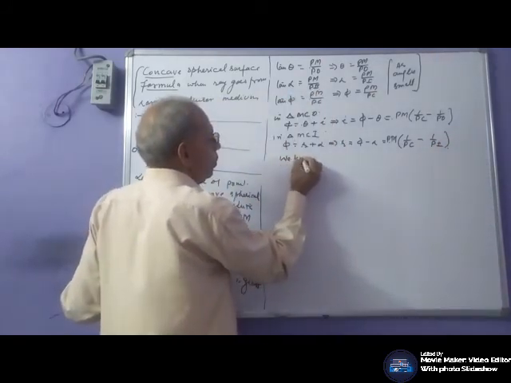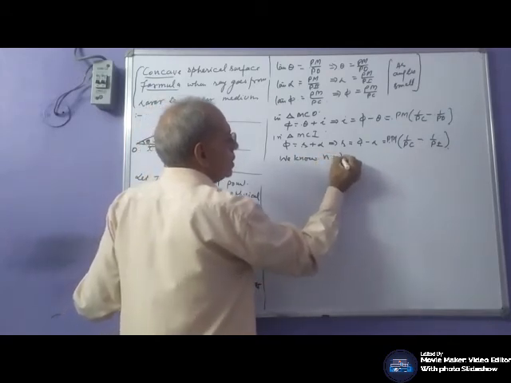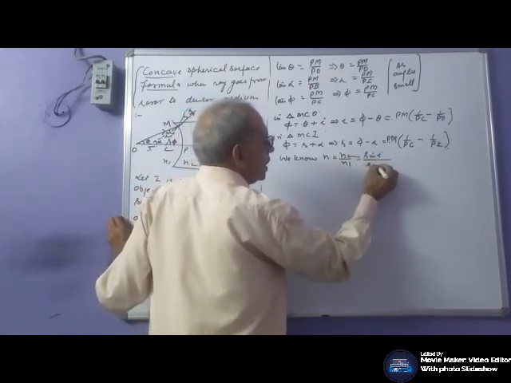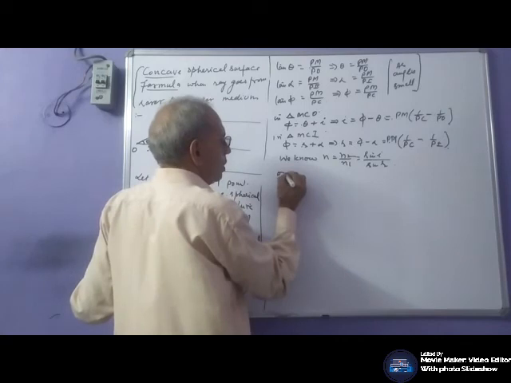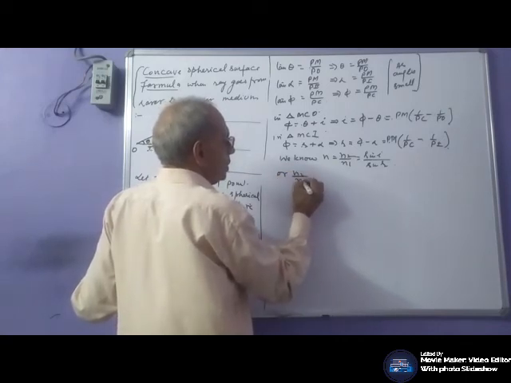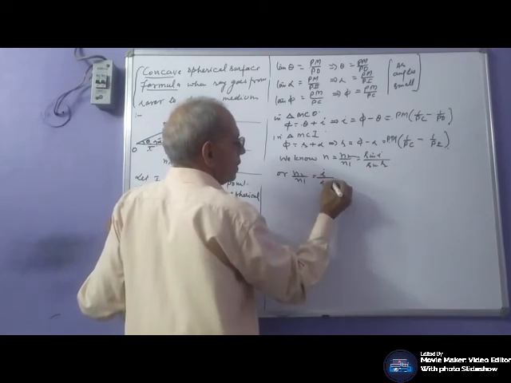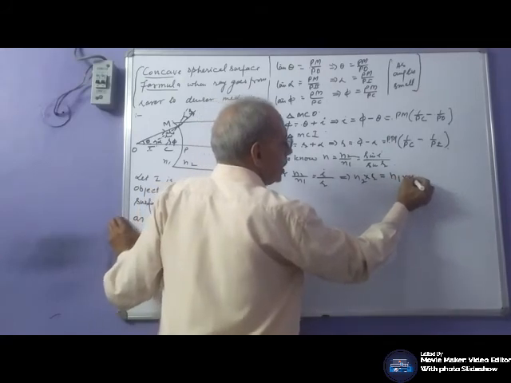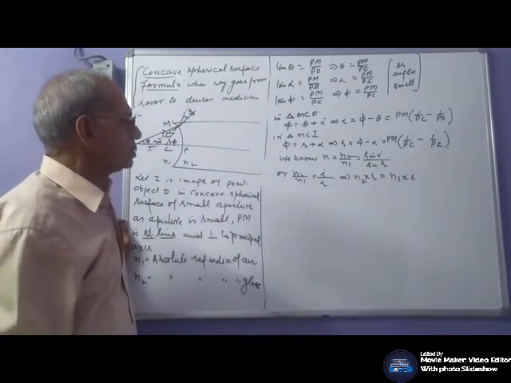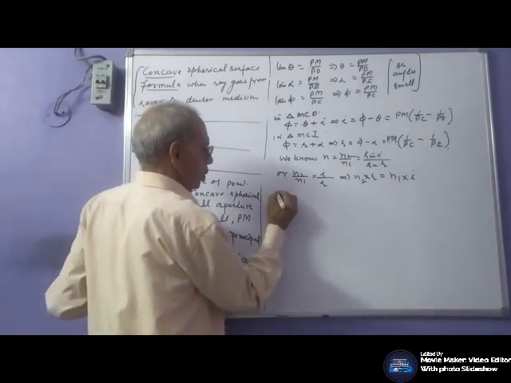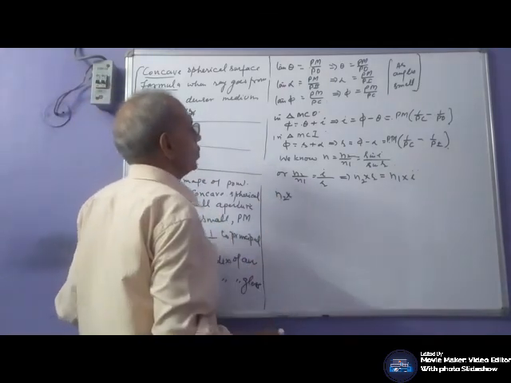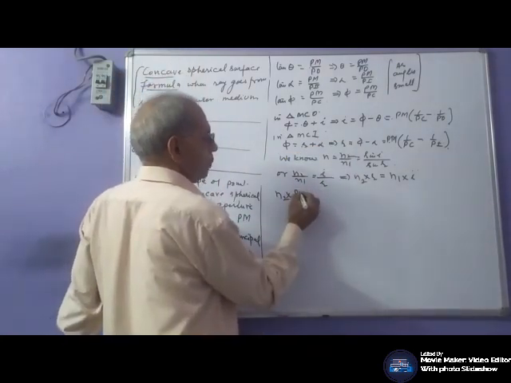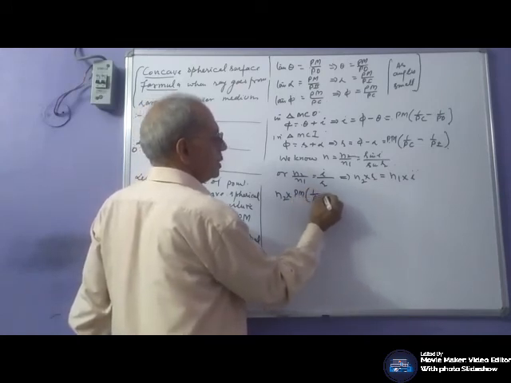We know n2 by n1 is sin I by sin R, or n2 by n1 is I by R, or n2 into R is n1 into I. Why? I and R are small angles. n2 R was this, PM, 1 by PC, PI.